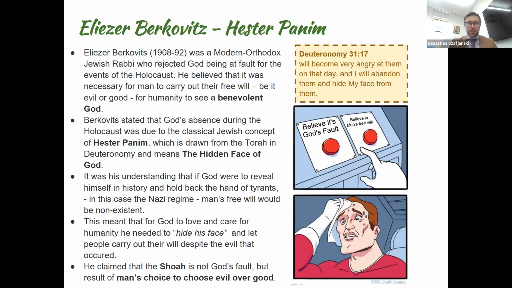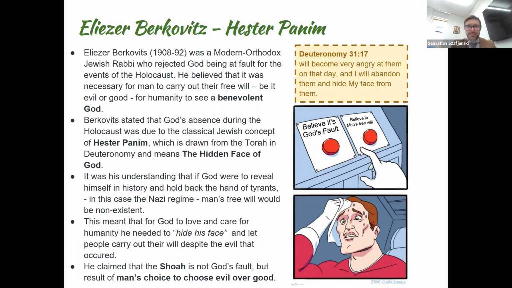And so Berkovitz, a modern Orthodox Jewish rabbi, so now we're looking at modern Orthodoxy as opposed to Rubinstein, who was a Reform Jewish adherent, rejected that God was at fault for the events of the Holocaust.